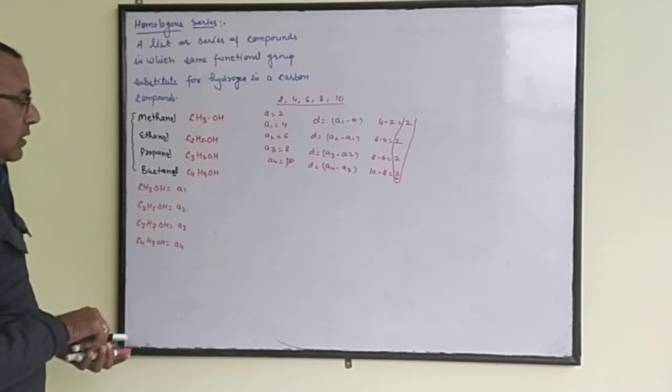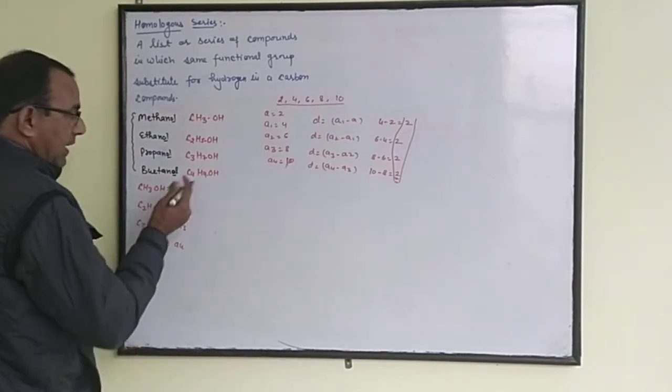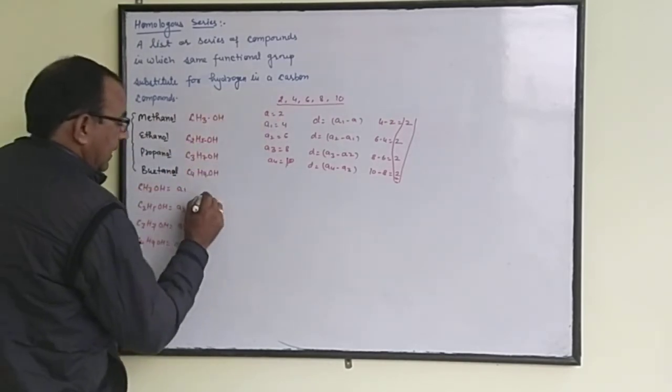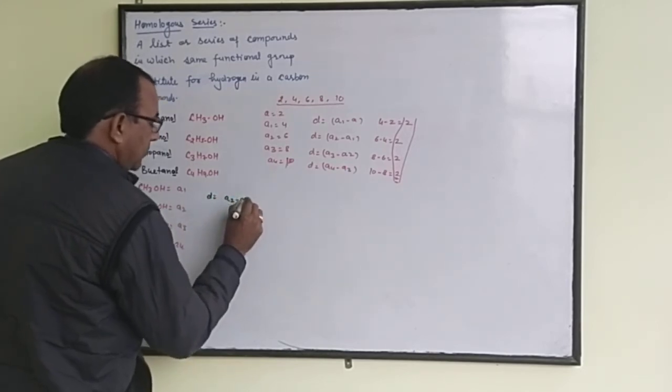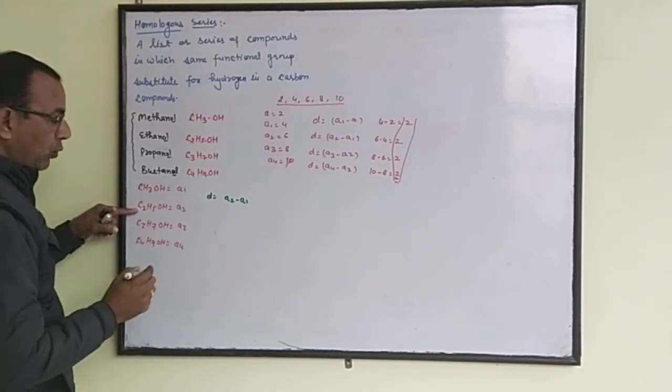If we calculate the common difference, just like AP, then D is equal to A2 minus A1.